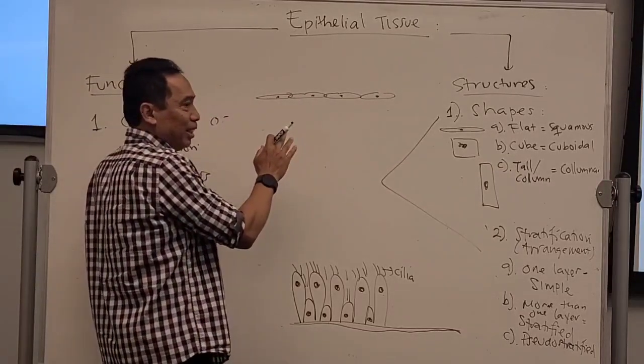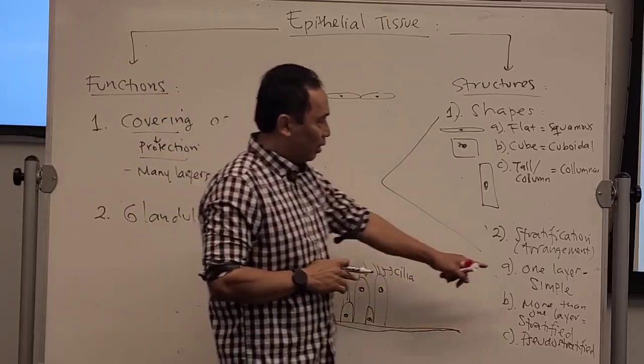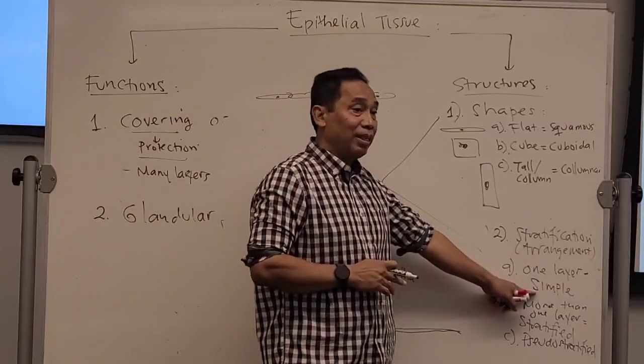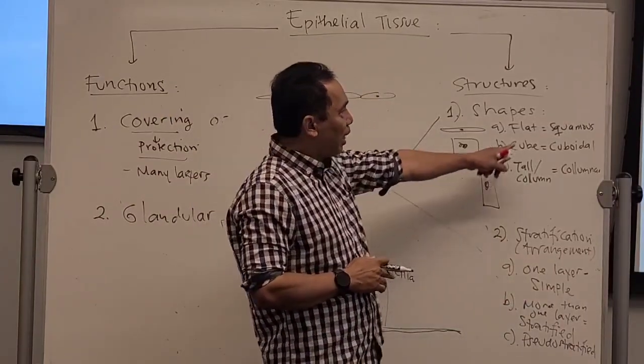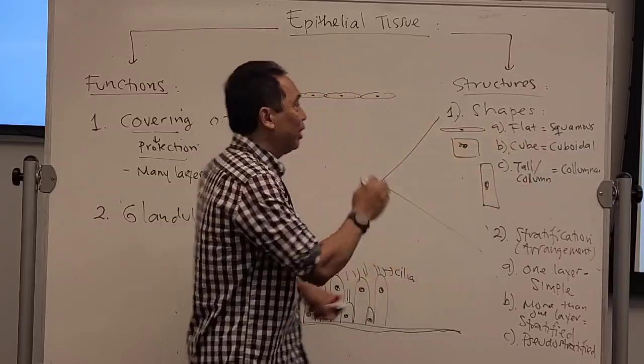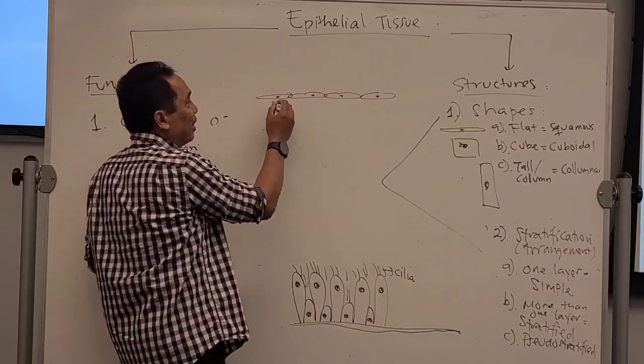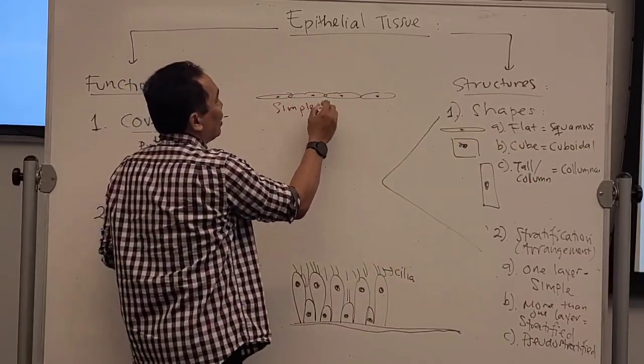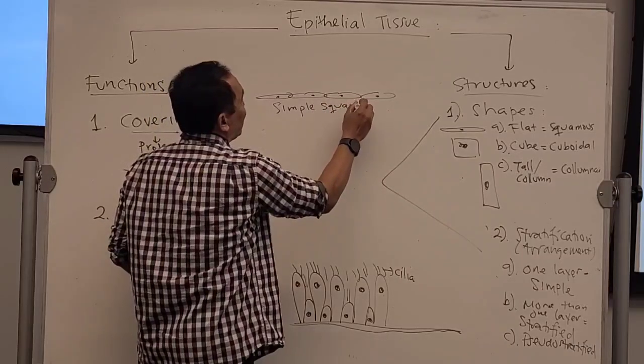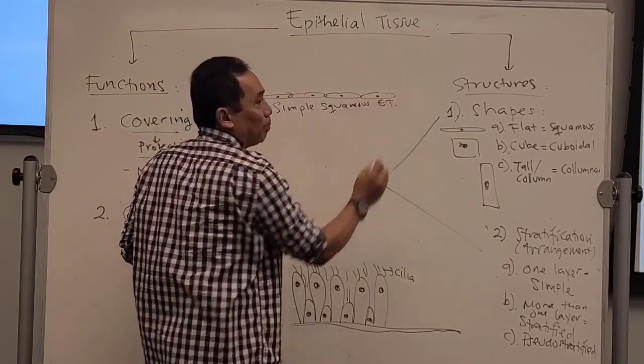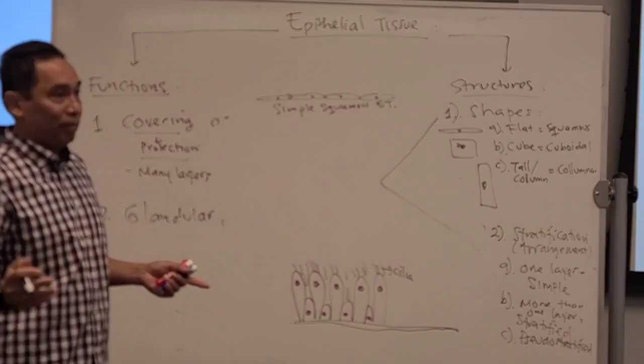It's easy. Just take the layer. What is one layer? Simple. And what is flat? Squamous. So the name of this tissue will be simple squamous ET. Example is in the lung.